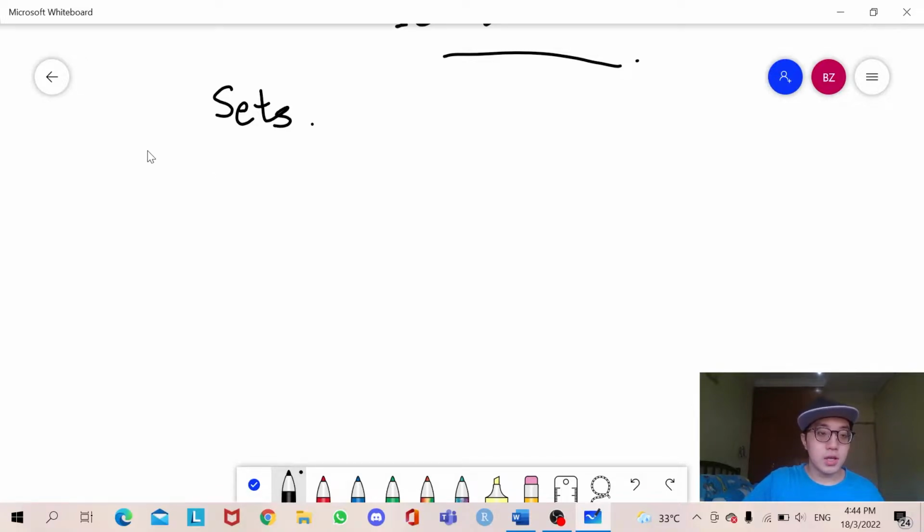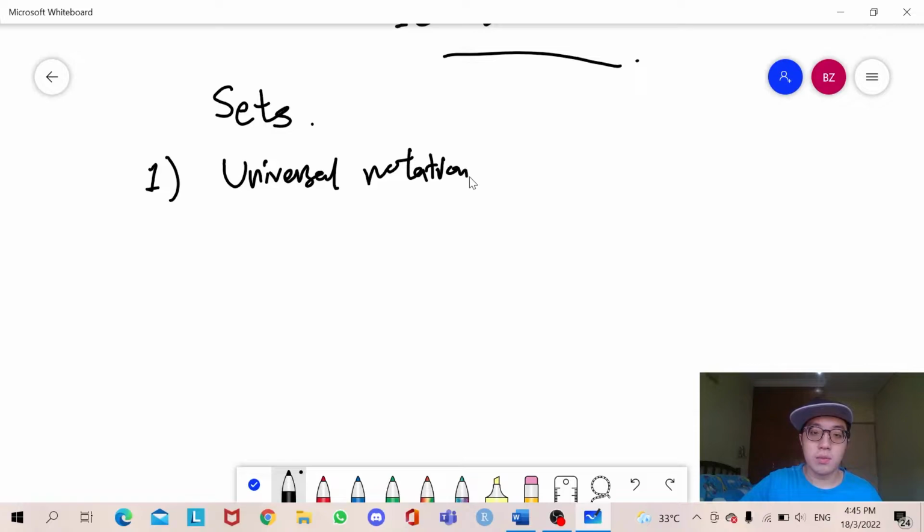First, I'll introduce the notation for the universal set, and we represent it as an E. If you want to go fancy, you can do something like this. This universal notation represents every single thing in the whole set.